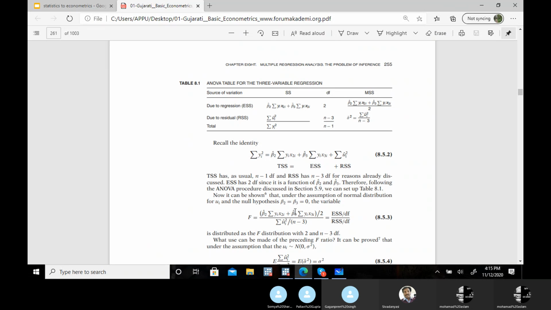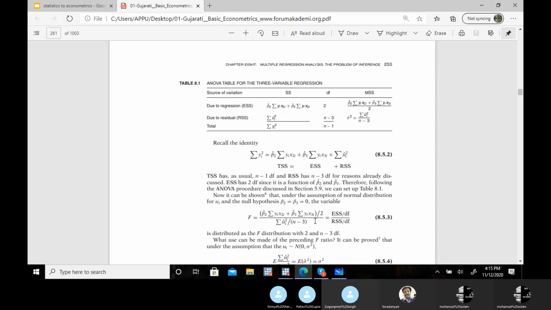For the numerator, the degree of freedom is k minus 1. K is the number of estimates, like beta, including the intercept. Or you can take the number of variables. Both ways here it is going to be 3 minus 1, that is 2. That's the degree of freedom for the numerator, and the denominator degree of freedom is n minus k.